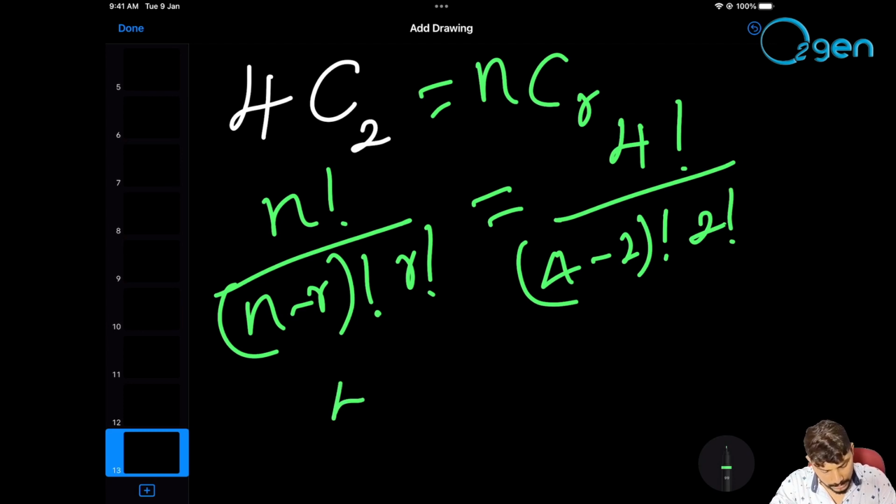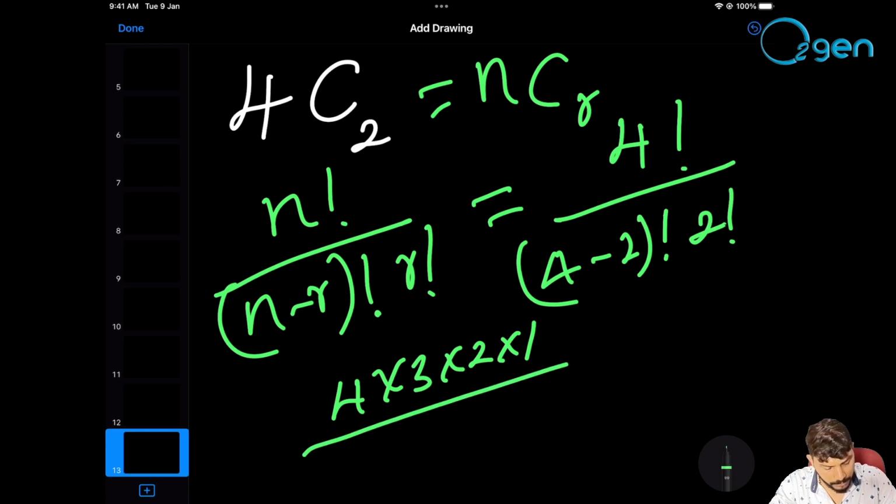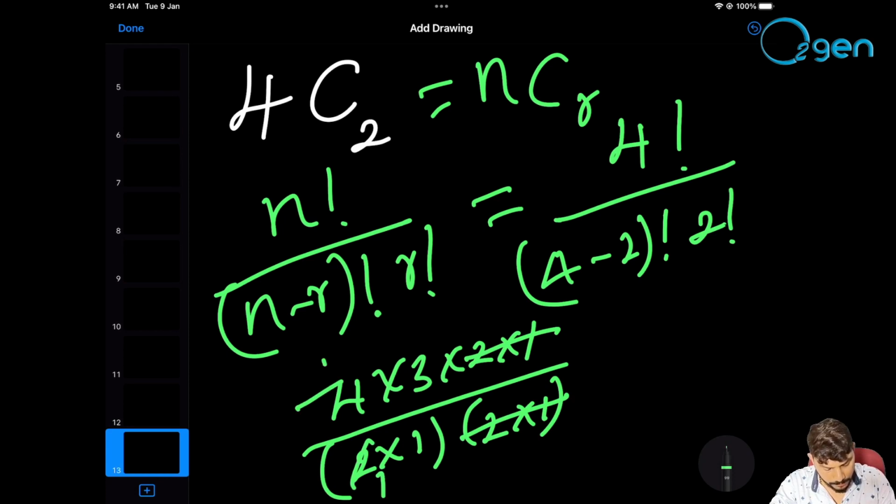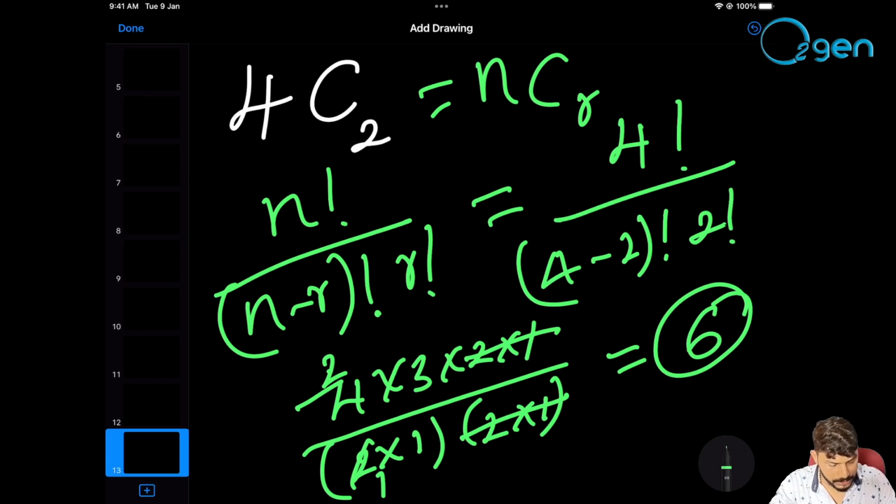Simplifying, 4 into 3 into 2 into 1 over 2 factorial, which is 2 into 1, into 2 factorial, again 2 into 1. These cancel. 2 threes are 6. There are 6 different ways to select two pens.